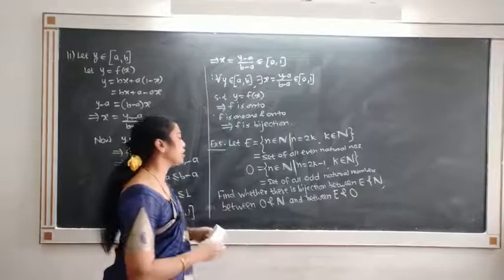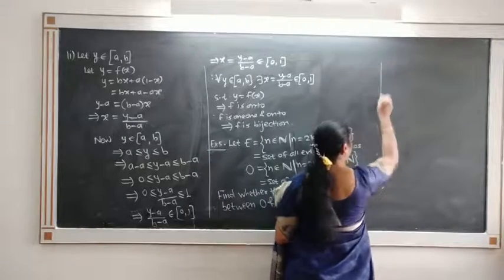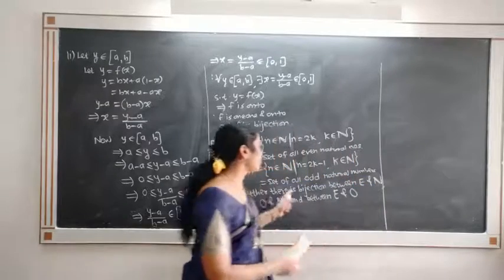We want to check whether there is a bijection between these. So we claim that there is a bijection.